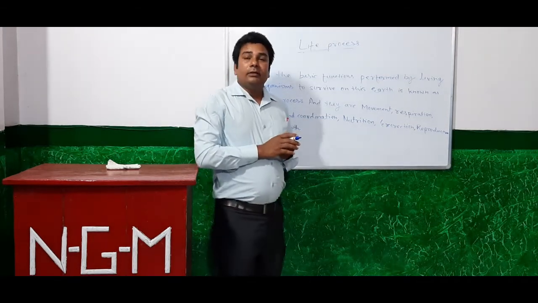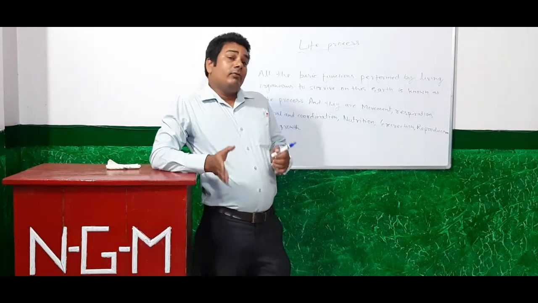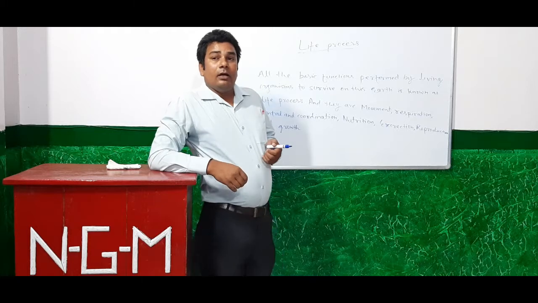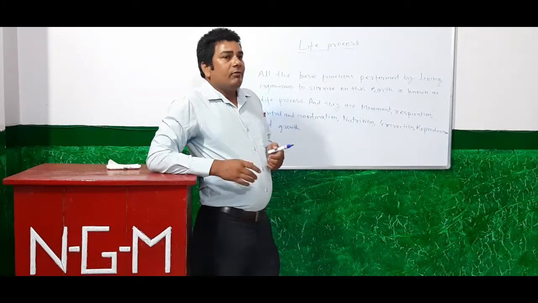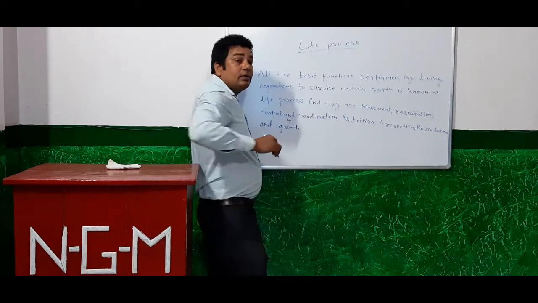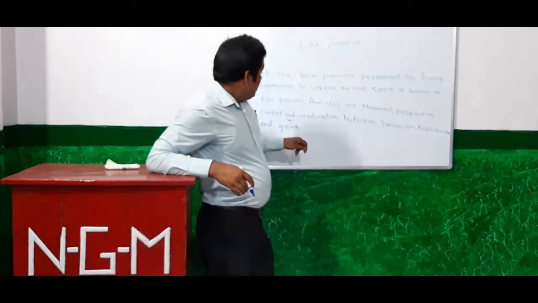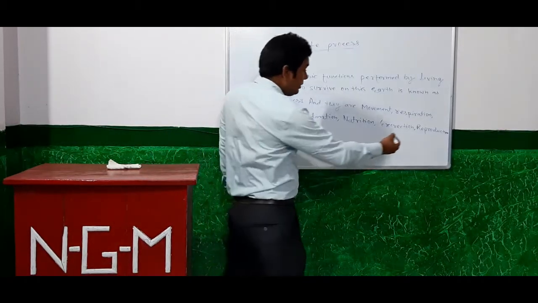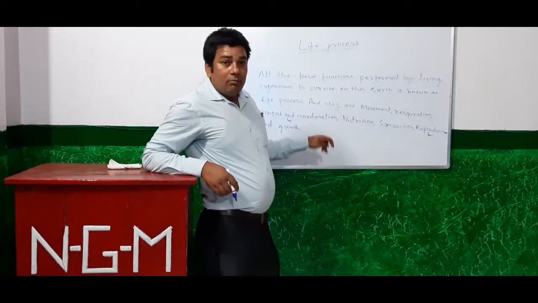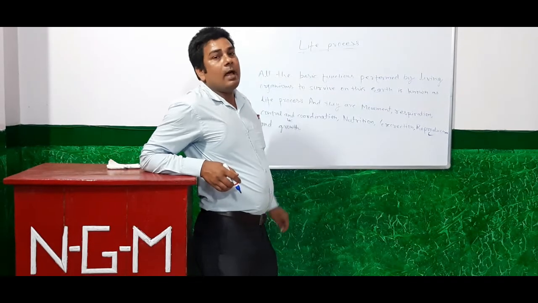In 10th class, it is very interesting for you to know that half of your biology syllabus is life process. If you see chapter wise, then you can find the chapter control and coordination is another chapter apart from life process, and reproduction is also a separate chapter apart from life process, but both these topics come under life process.